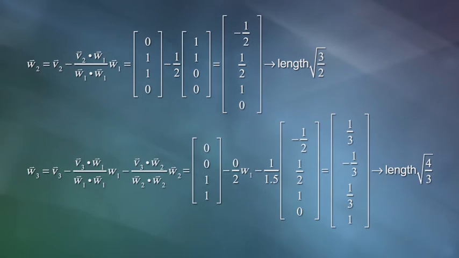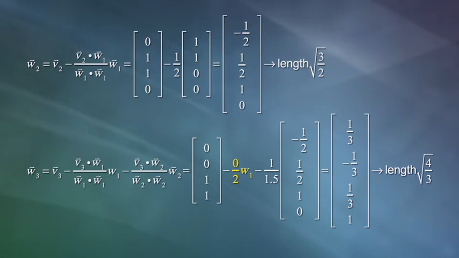Similarly, we can compute W3 as V3 minus the components of V3 in the W1 and W2 directions. This is 0, 0, 1, 1 minus 2 terms. The first term, as it turns out, is 0 over 2 times W1, which comes from the fact that W1 is actually already orthogonal to V3.